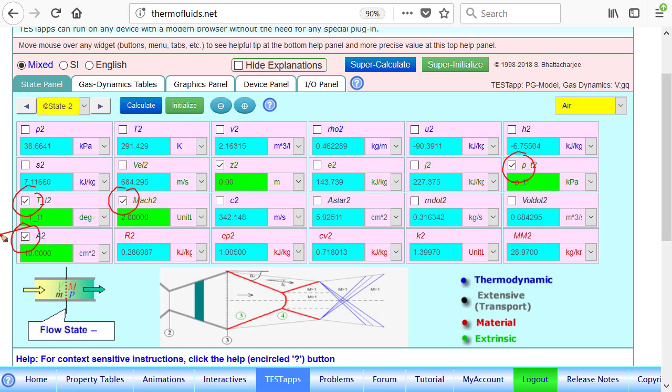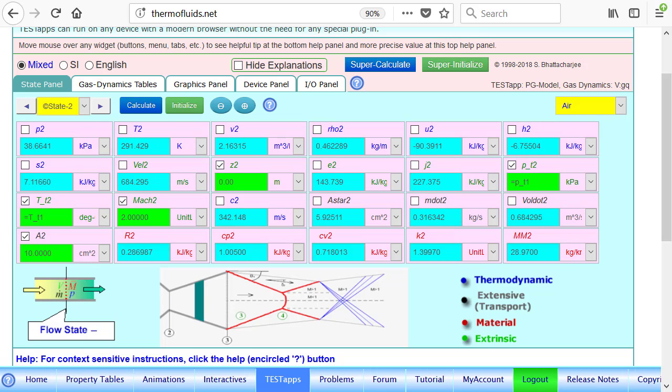Therefore, the complete state is known, producing the mass flow rate that we have been looking for. If the question was to find the inlet area, we could go back to state 1 and substitute A star 1 equals A star 2 because that's the mass conservation equation. That's a gas dynamics way of saying m dot 1 equals m dot 2. But that's not the question.